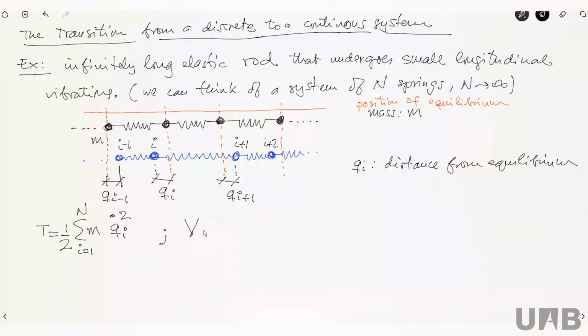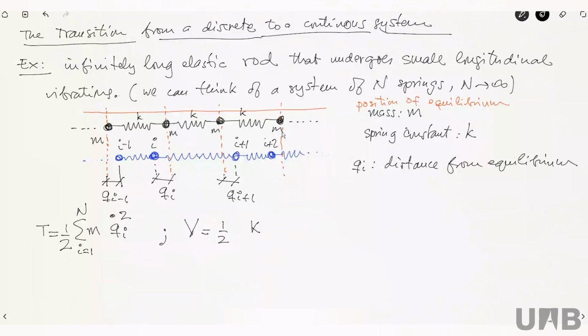So this is going to be 1/2 of a constant k for each one, the spring constant, which is k for all of them. So this is k, this is k, and this is k. This is m, this is m, and this is m.